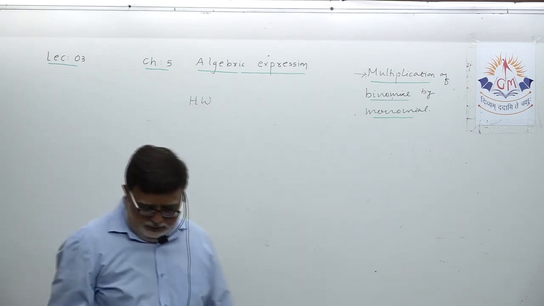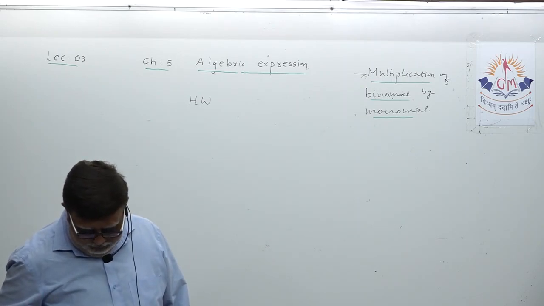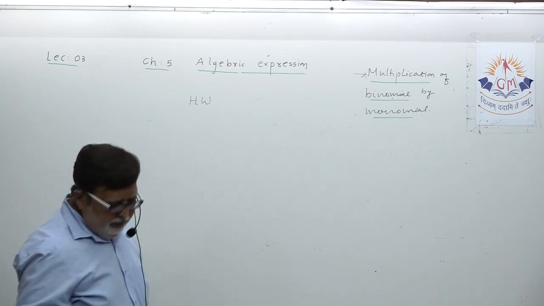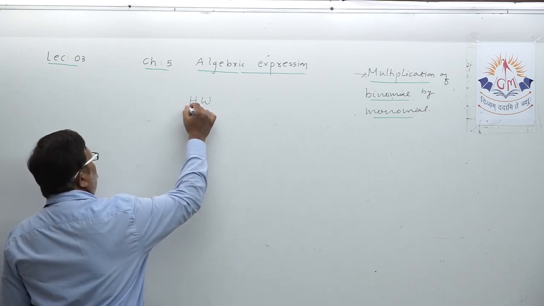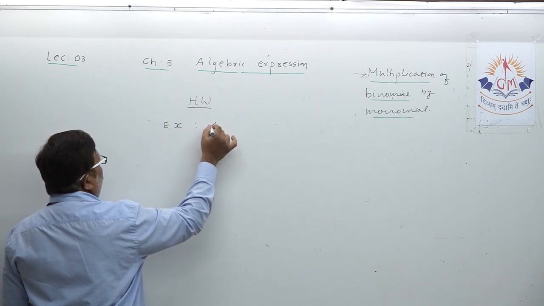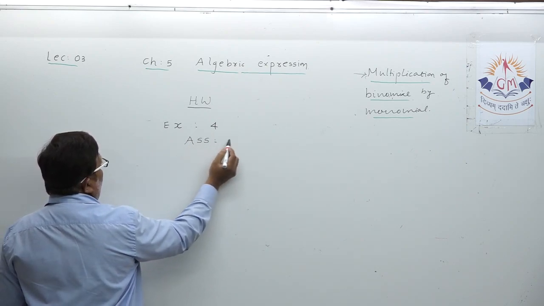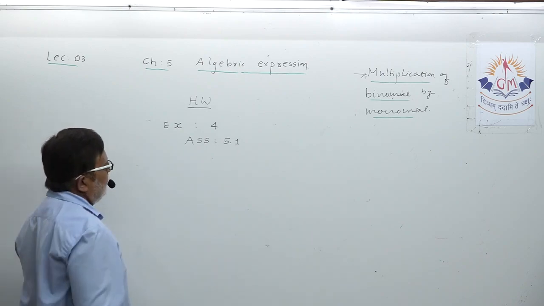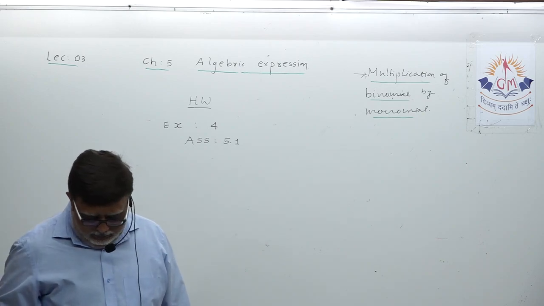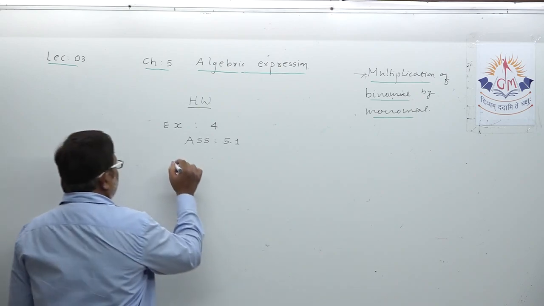Okay, dear student. What you will do, see from first example number 4. Example means, you know, illustration. Example number 4. Then from assignment 5.1, you have to solve question number 4, 5 and 6.